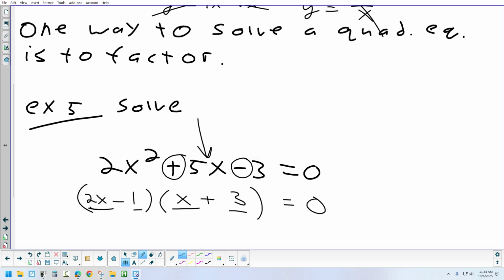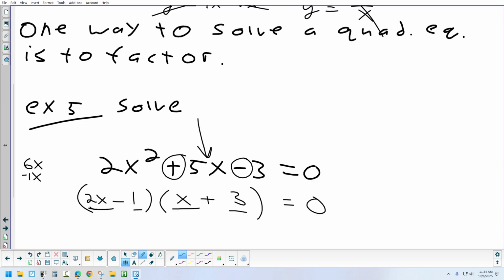What's 2x times 3? 6x. And what's negative 1 times x? And 6x, take away 1x? 5x. Perfect. If we got a negative 5x, I would have switched the positive and the negative. If we got a number that wasn't 5, then I would have tried switching the 1 and the 3.